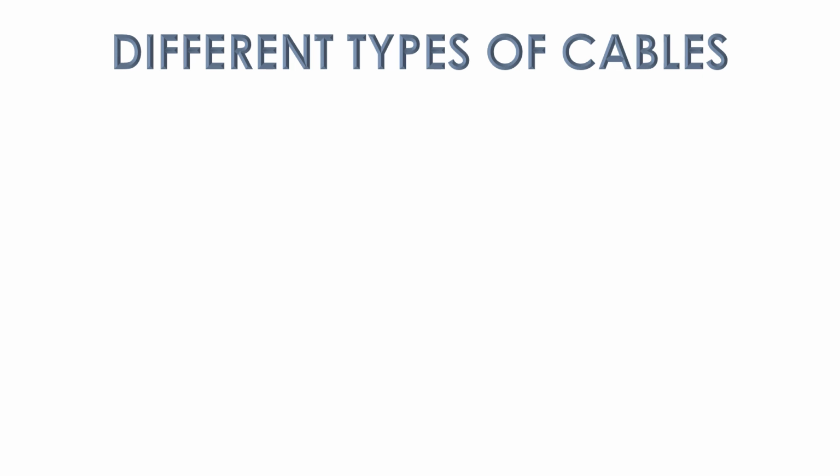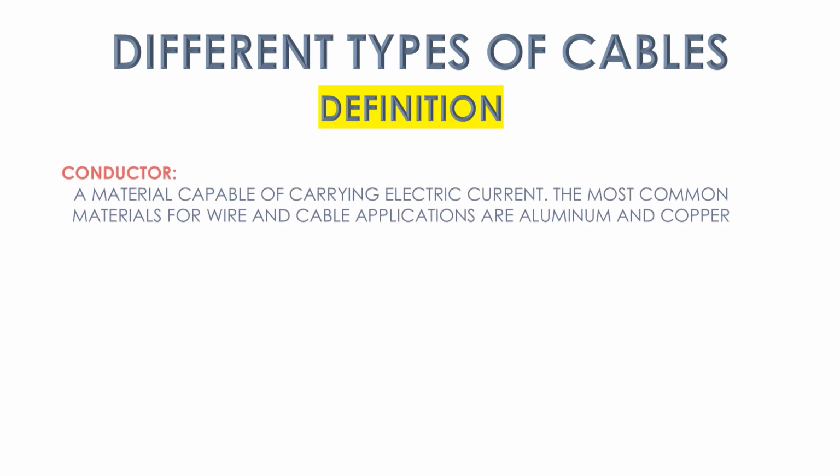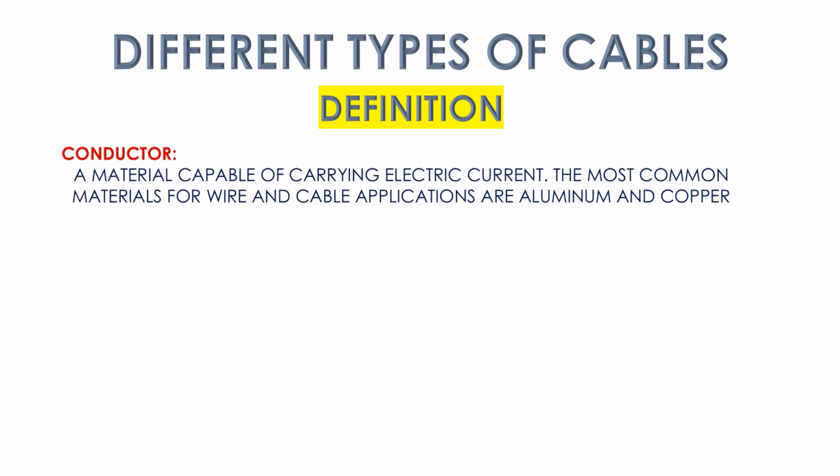So we are discussing here different types of cables. Definitions of the different types of cables: we have the conductor. As you can see earlier in the slides, conductors are material capable of carrying electric current. The most common materials for wire and cable applications are aluminum and copper.